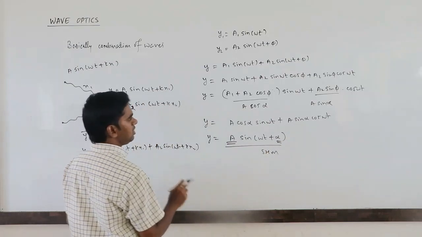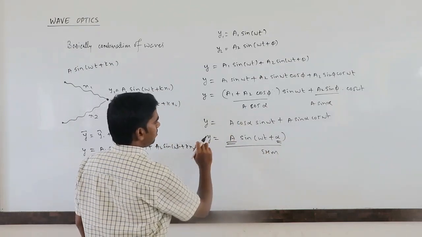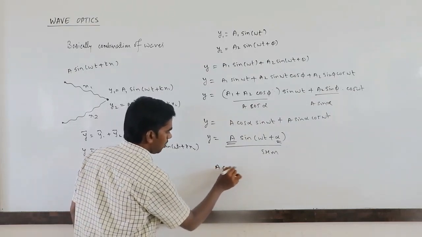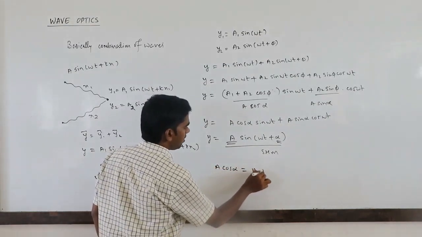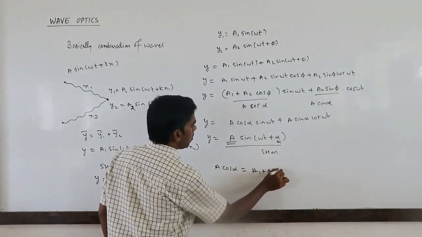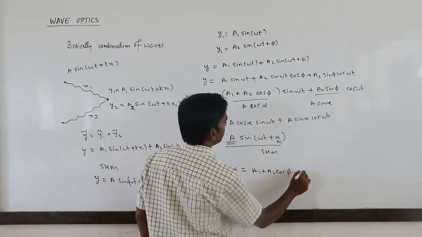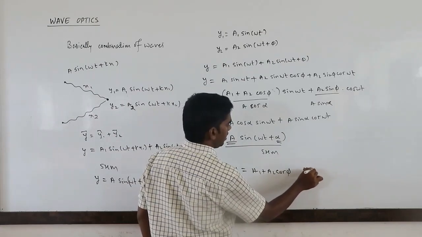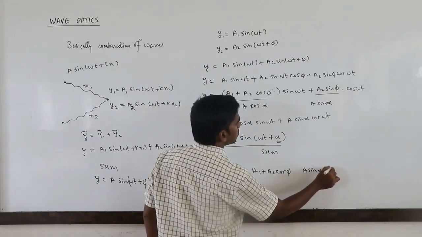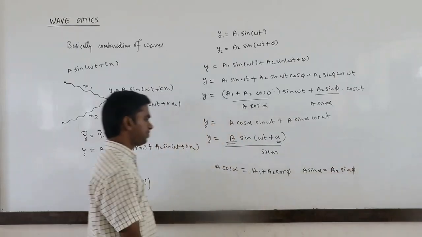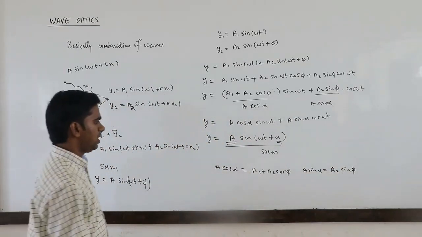Now we have to find the values of A and alpha. How can we get the value of A? With the help of these two equations. A cos alpha equals a1 plus a2 cos pi, and one more: A sin alpha equals a2 sin pi. Now square and add these two.